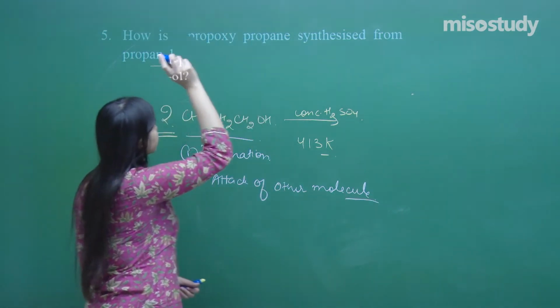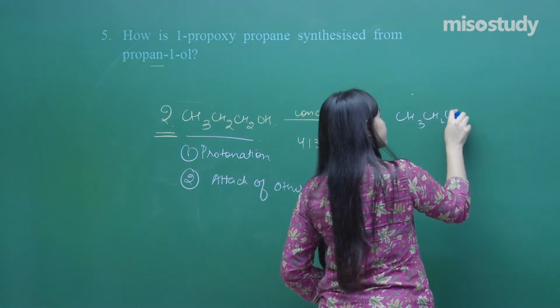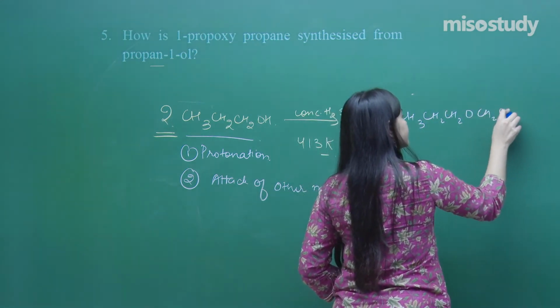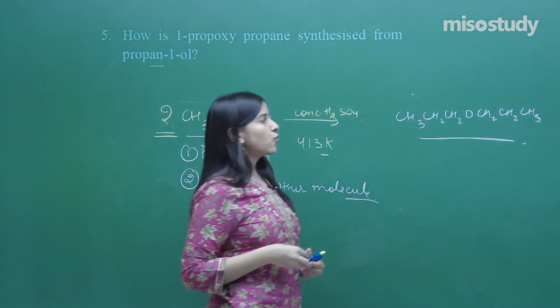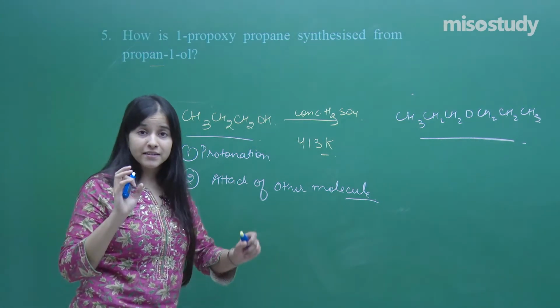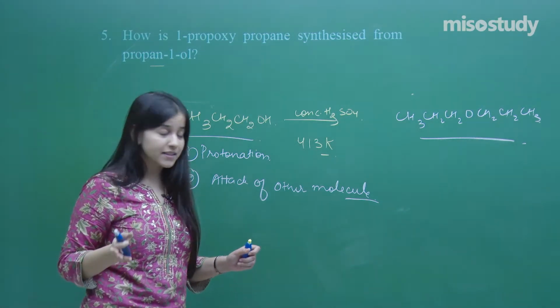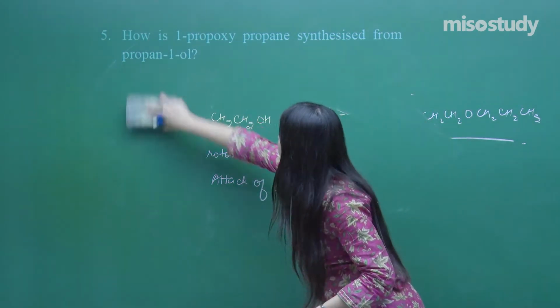And thereby I will be getting 1-propoxypropane. So that is what my product will be. So you have to try this out. I am not going into the detail, it's a similar kind which we have discussed earlier, right? Let's try to have the next question now.